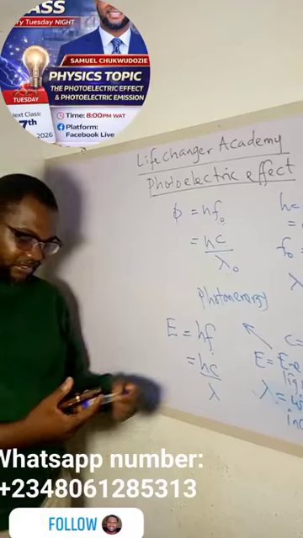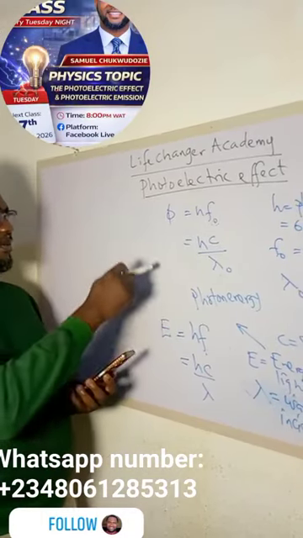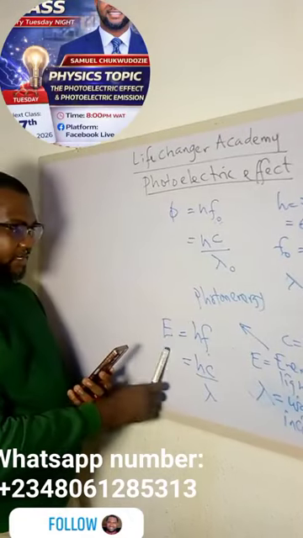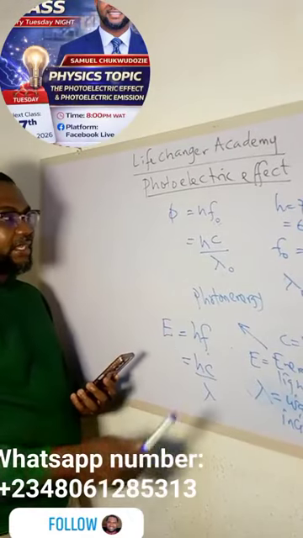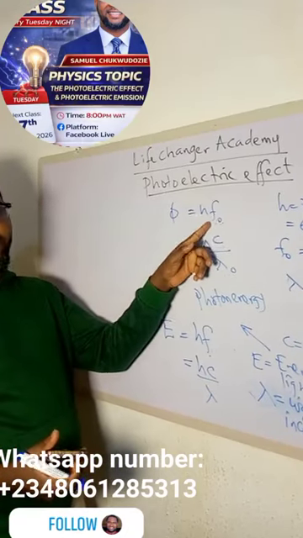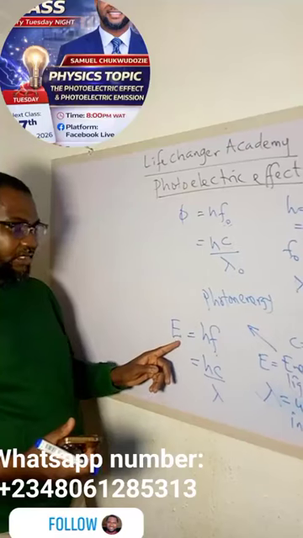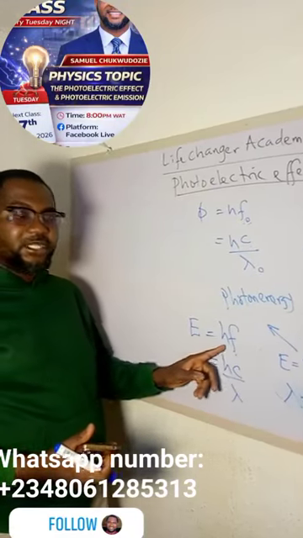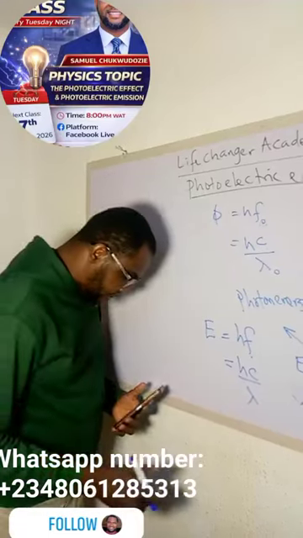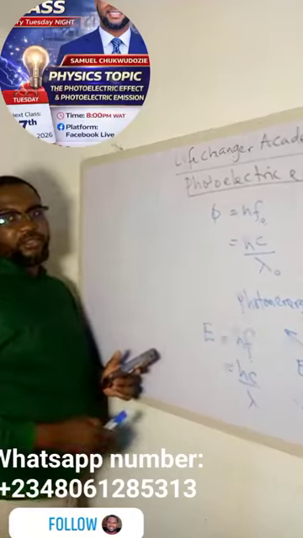So I have given you two things here. The first one is the work function, and the second one is the energy of the incident light. Now we want to find the relationship. Already, this is the formula for the work function, h times f naught. This is the formula for the energy of incident light, h times f, or hc over lambda. There is a relationship between this and the work function.